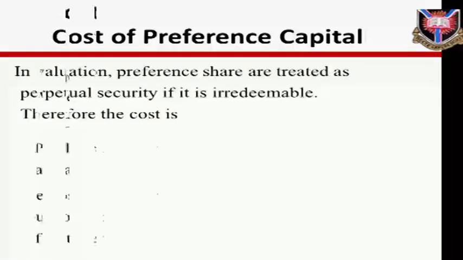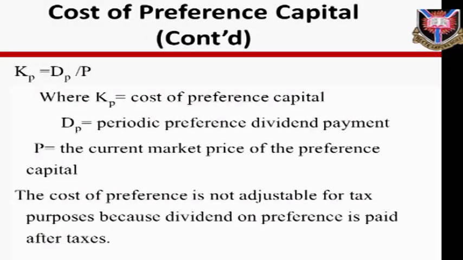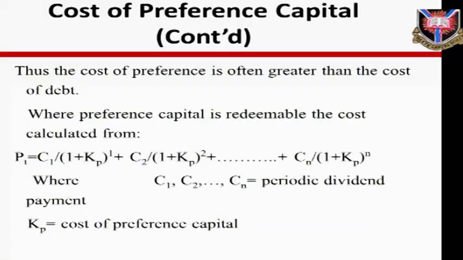Therefore, the cost is K0 equals D0 divided by P, where K0 equals cost of preference capital, D0 equals periodic preference dividend payment, and P equals the current market price of the preference capital. The cost of preference is not adjustable for tax purposes because dividend on preference is paid after tax. Thus, the cost of preference is often greater than the cost of debt.